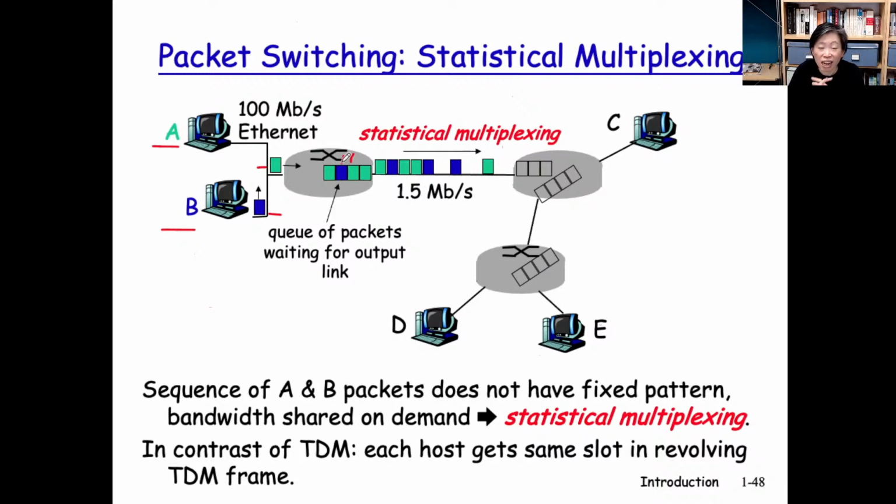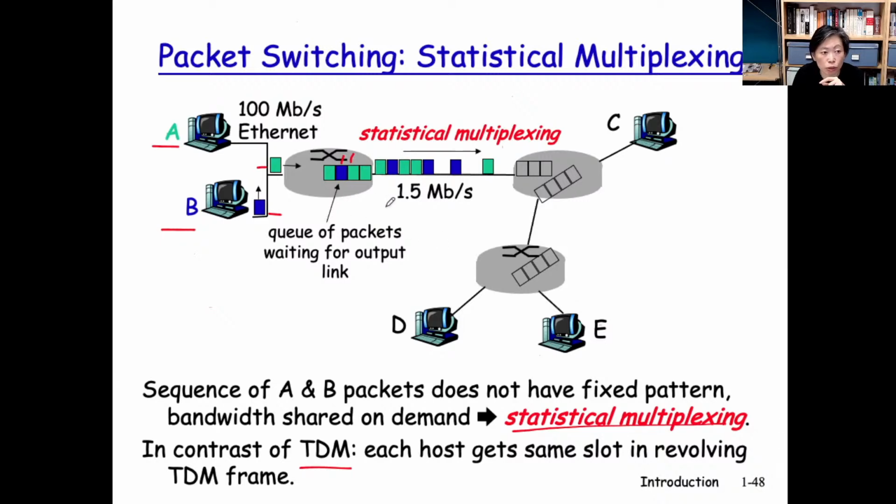Unlike in TDM, time division multiplexing, where everything goes rotating, rhythmic. This kind of spontaneous behavior is statistical multiplexing. So on a packet switch network, on the data network internet, packets multiplex with each other randomly, spontaneously, depending on how they are generated.